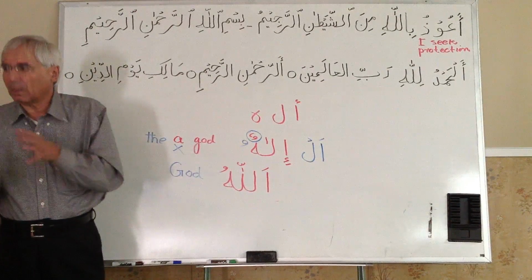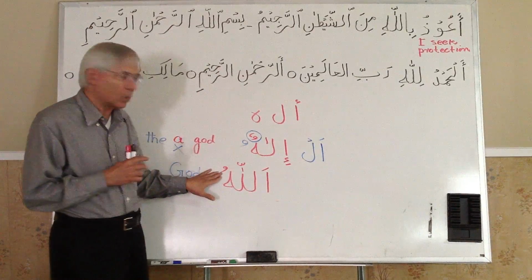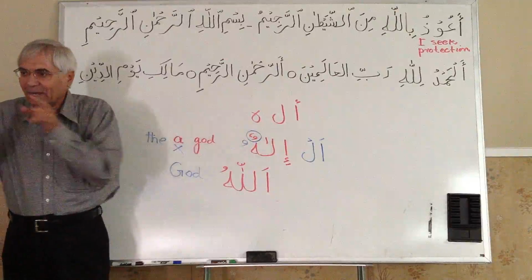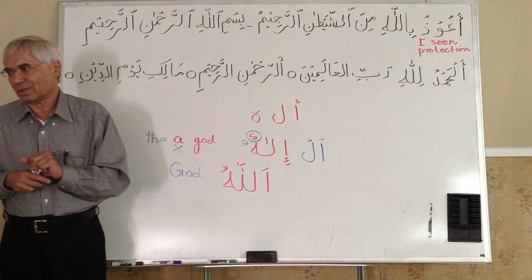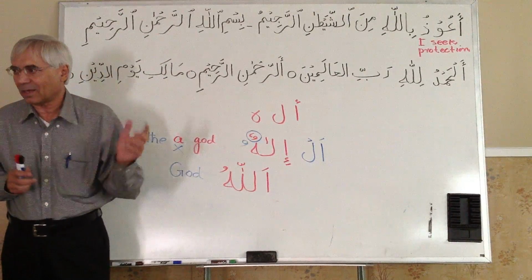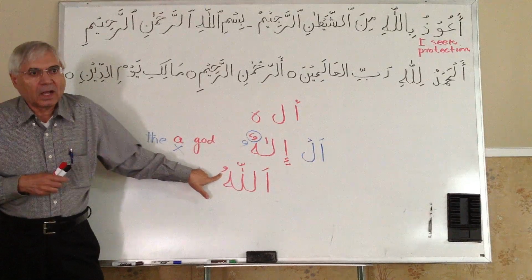When you say Alhamdulillah, you stop there. You don't pronounce this one, because it is at the end. But if it is in the middle, you have to pronounce it. Allahu Akbar. You cannot say Allah Akbar. You have to make a full pronunciation.